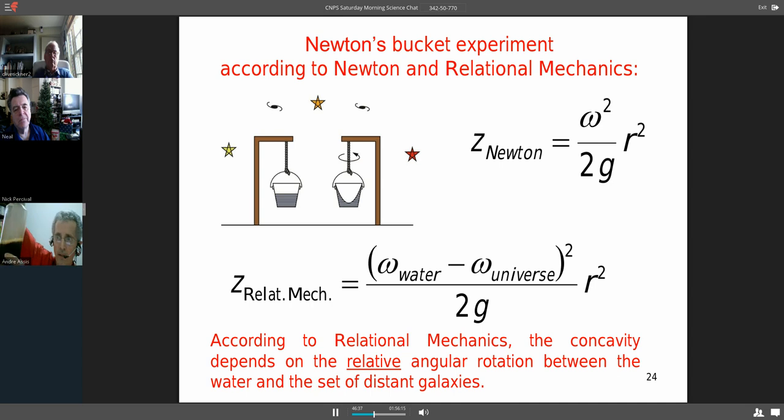Now, Mach's thought experiment. The bucket is at rest, and I rotate the set of stars and galaxies around the bucket. Now we can put in this bottom equation omega of the water equals 0, and when we spin this set of stars and galaxies around the axis of the bucket, the same parabolic shape will appear.